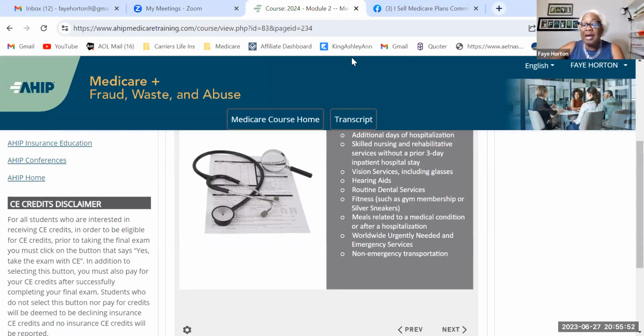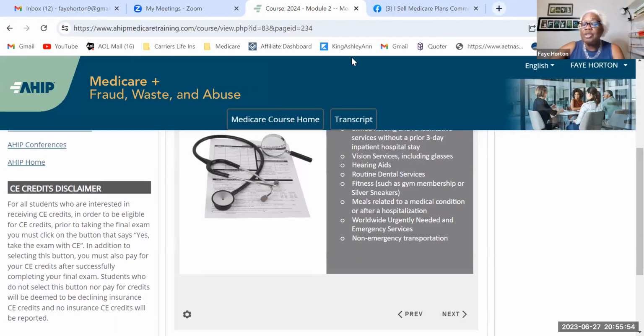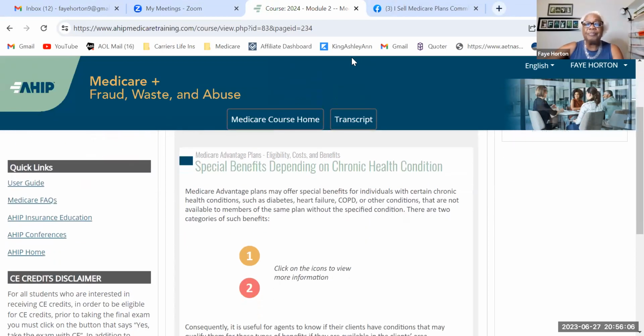Original Medicare does not cover non-emergency transportation. So these are things that may be included in any of your Medicare Advantage plans, but are not covered by original Medicare.